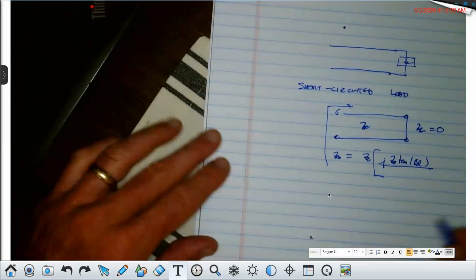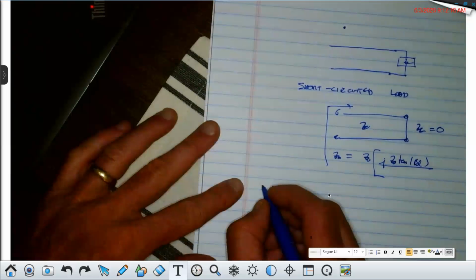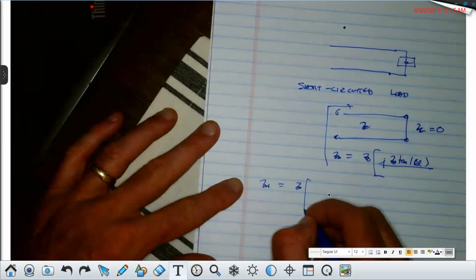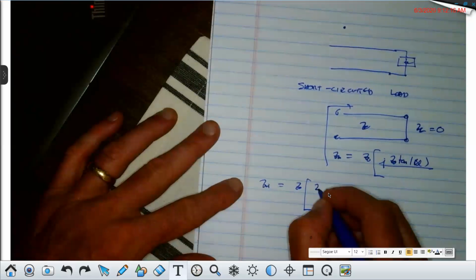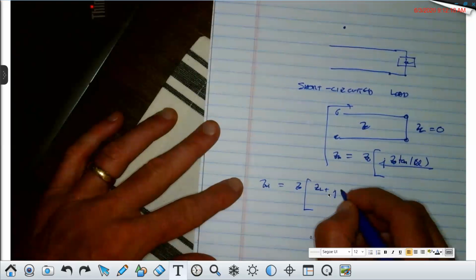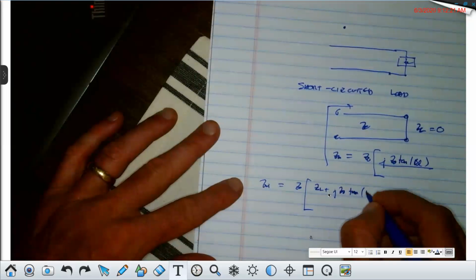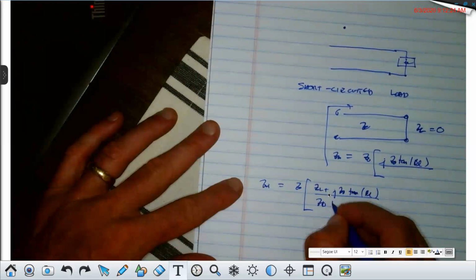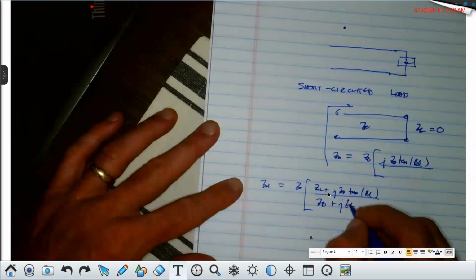Well, let me write the equation for you. Zin is equal to Z naught times (ZL plus jZ naught tangent of beta L) over (Z naught plus jZL tangent of beta L), correct?